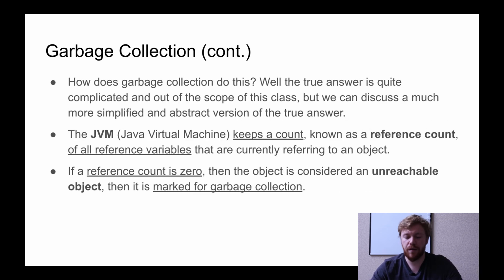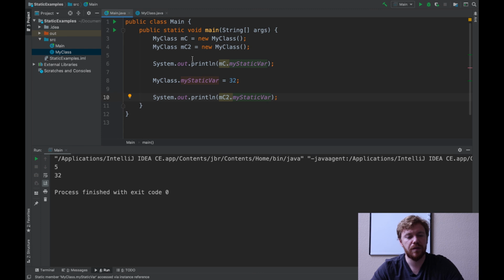We can look at this inside of the IDE here. So if you look, I've created two objects. One is called MC and the other is called MC2. Now, we do some stuff with these variables, and if at some point I say MC equals null, MC is no longer referring to the area of memory created by this new myClass call.